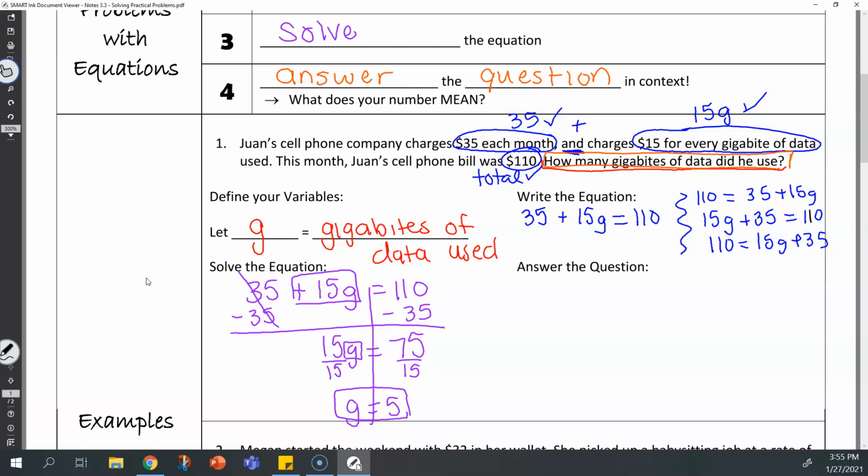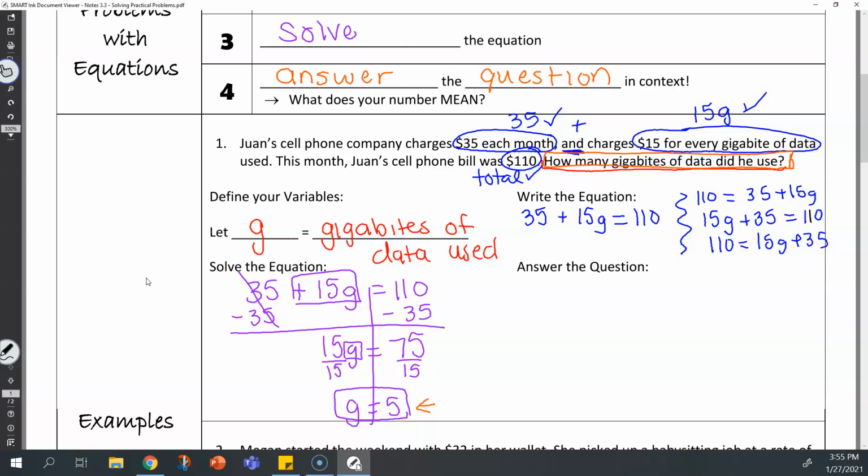How many gigabytes of data did he use? We found that our answer was 5, but we need to put that answer in a way that makes sense so that it can stand by itself. I can't just walk up and say, oh, 5. Okay, 5 what? 5 cookies, 5 ponies, 5 hours of sunshine today. It's important that you're going back and you're answering the question.